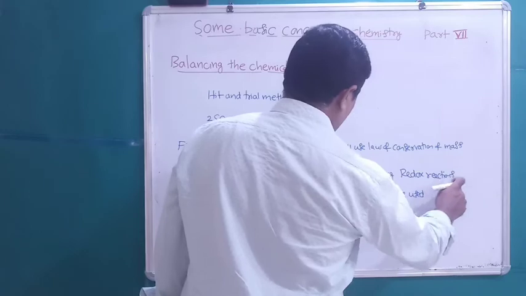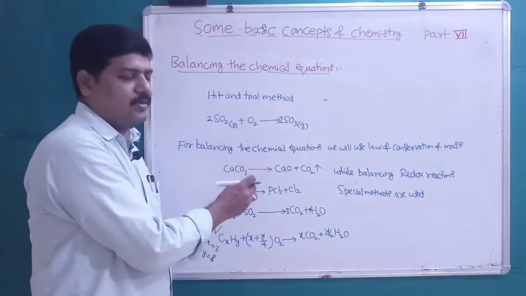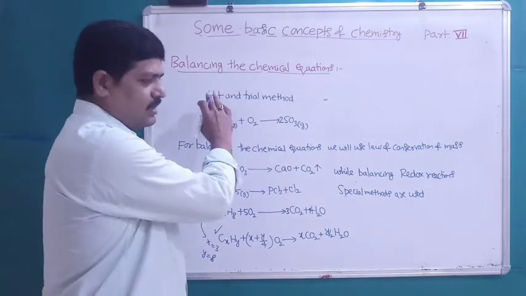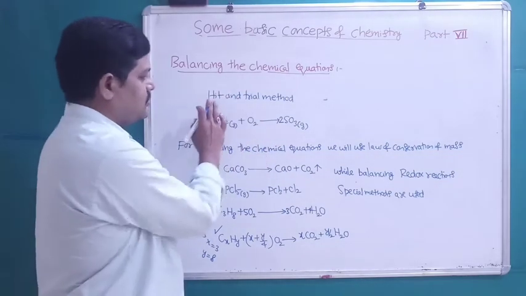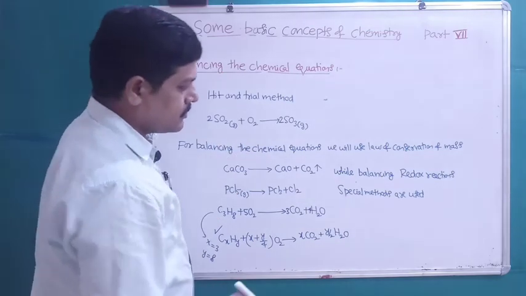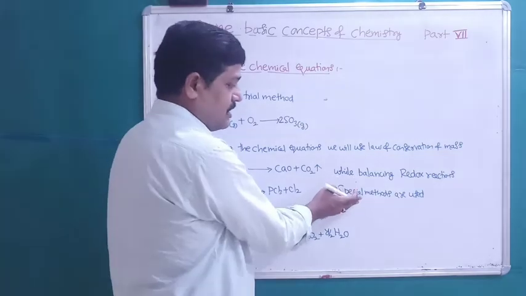When we try to balance redox reactions by using hit and trial, we won't get it. This is very, very difficult. Sometimes it is impossible to do by using the hit and trial method. While balancing the redox reactions, we need to use special methods.